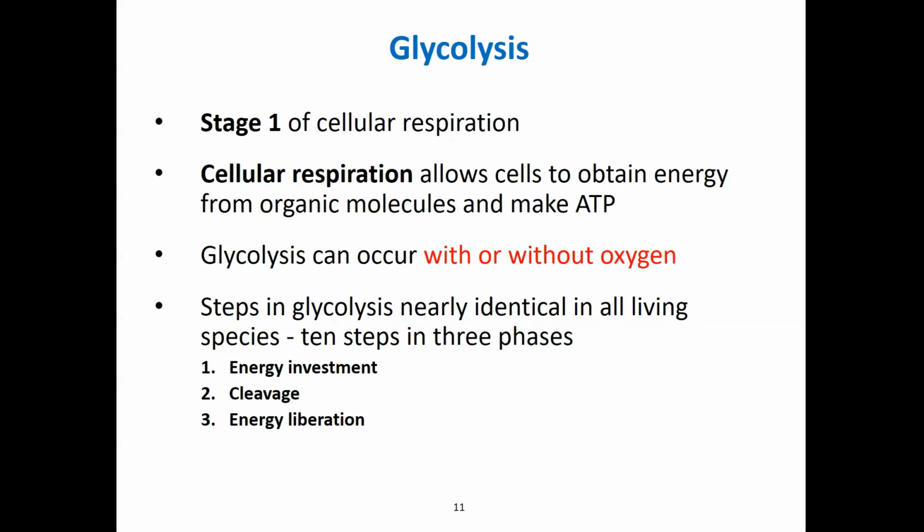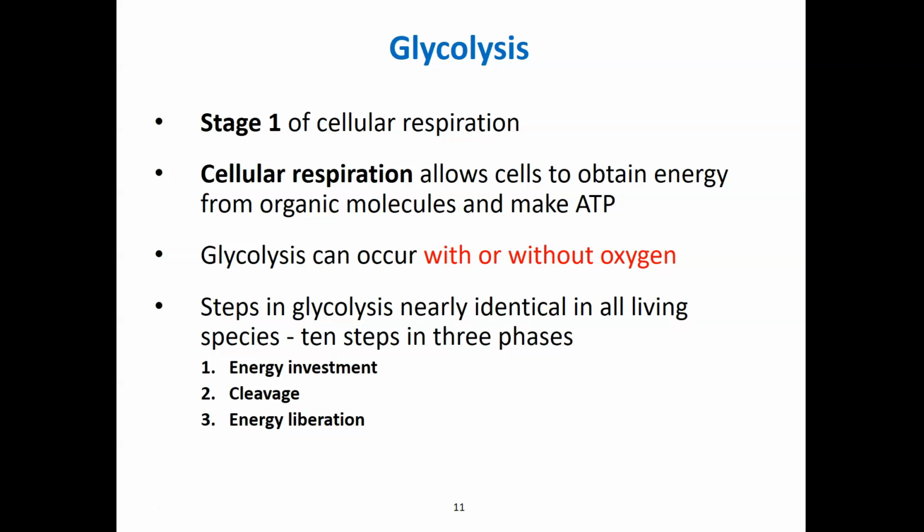All right, so let's talk about cellular respiration in the presence of oxygen. The very first step is going to be glycolysis. What we're going to be doing here is breaking down glucose to make ATP, and this can occur whether we have oxygen present or not.